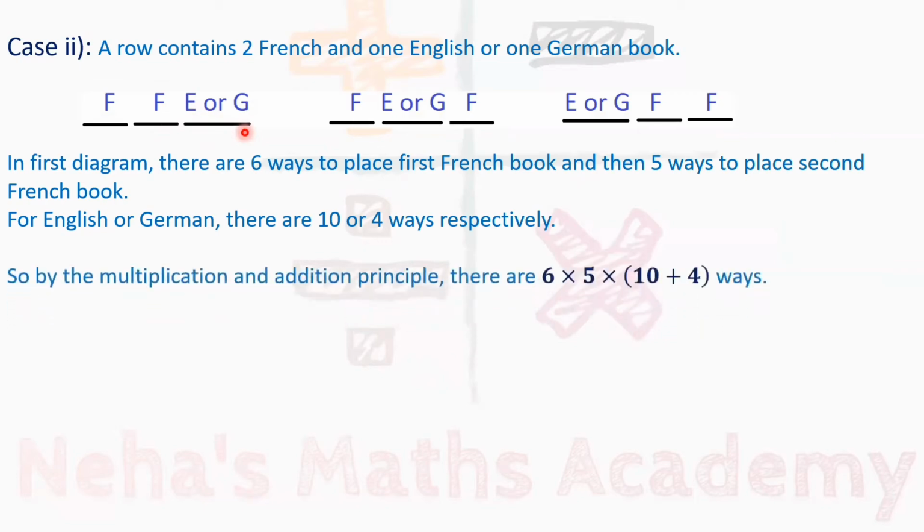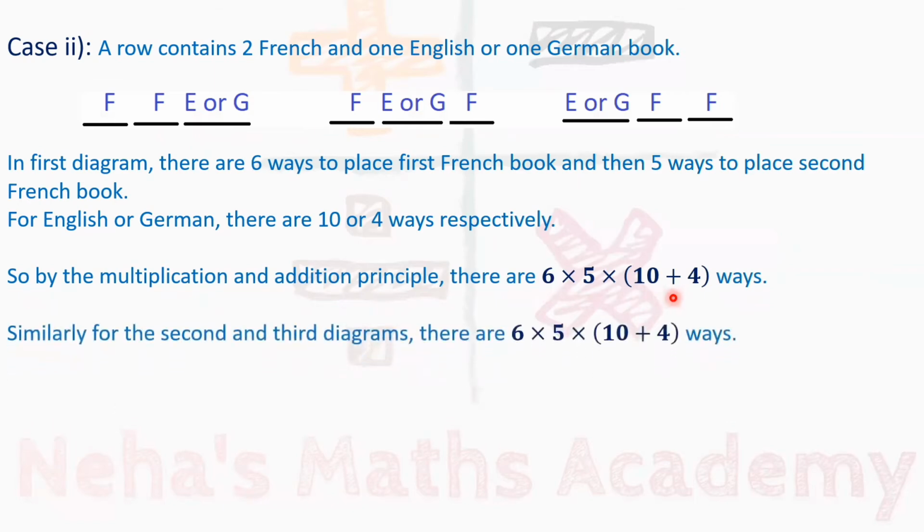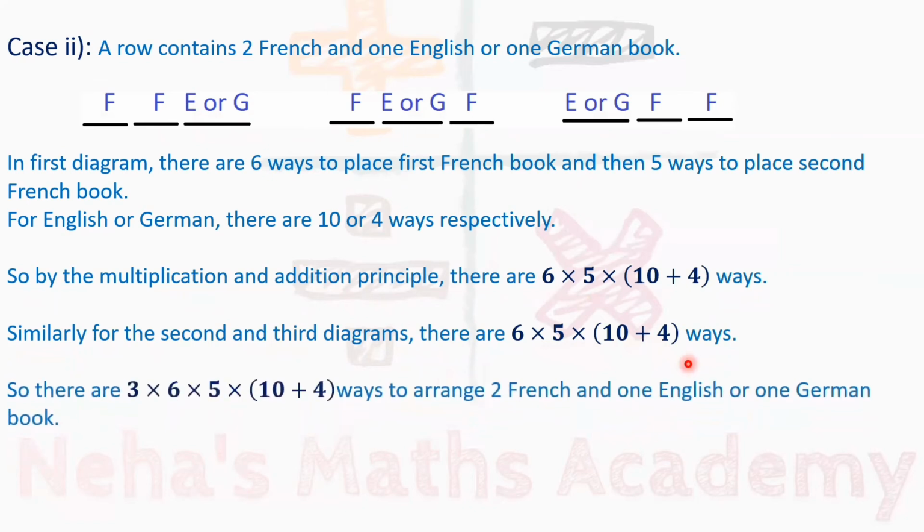Here also use the multiplication and addition principle. There are 6 into 5 into (10 plus 4) ways. Similarly, for the second and third diagrams, there will be 6 into 5 into (10 plus 4) ways.